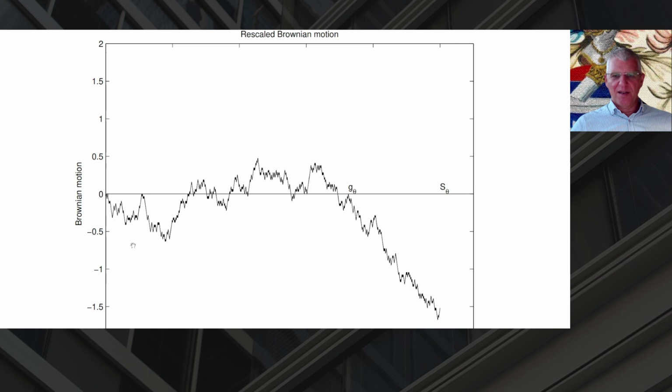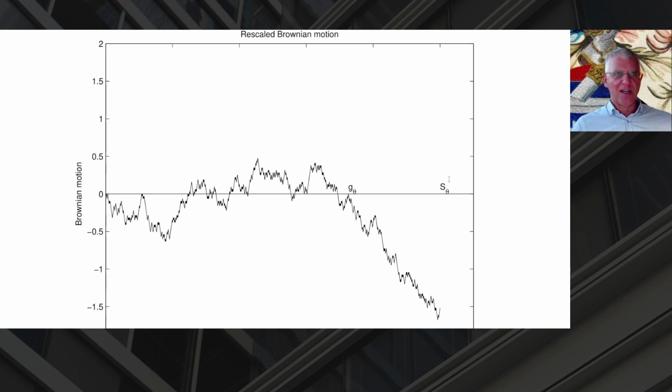I will be running Brownian motion. This is a picture. It's supposed to be Brownian motion. It is simulated on the computer. And what I will do is I will stop the Brownian motion at an exponential time that I will call S theta. S theta is an exponential random variable.